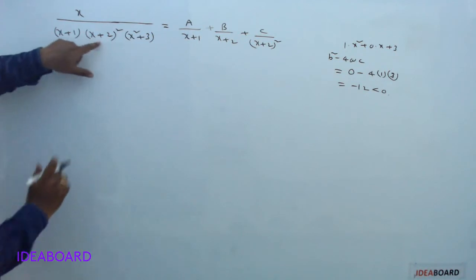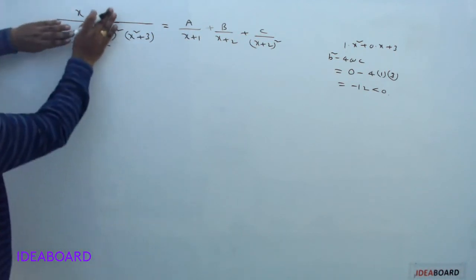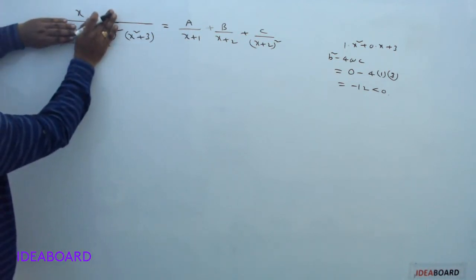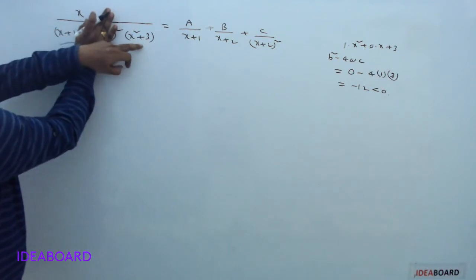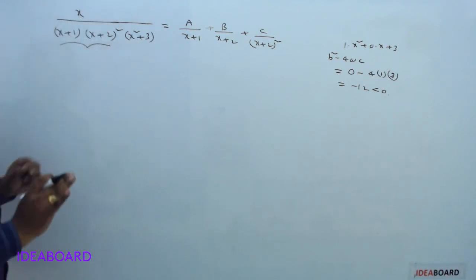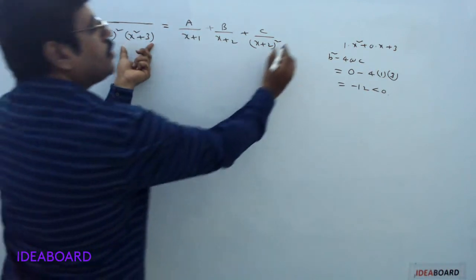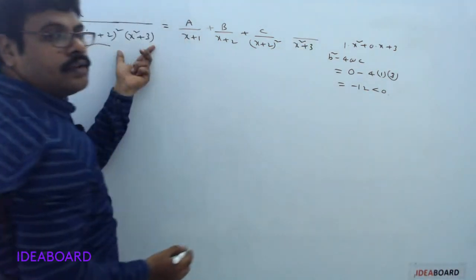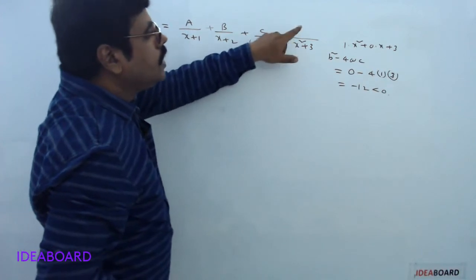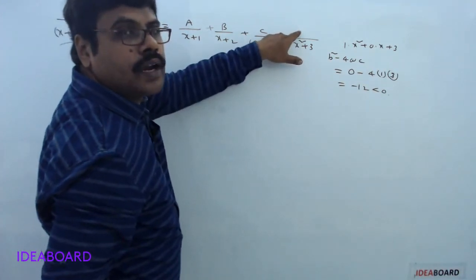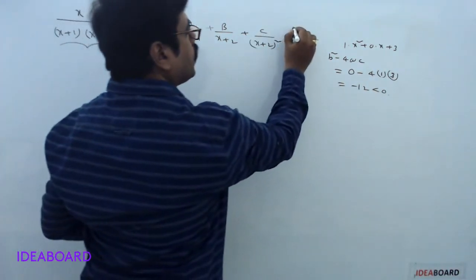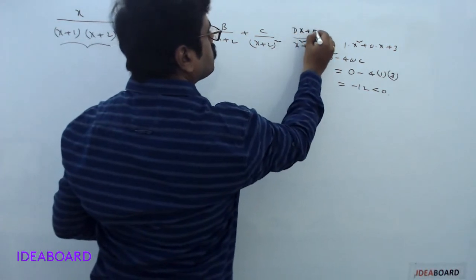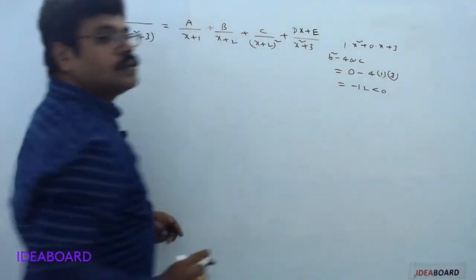Then close this one and this one. Now what about the remaining expression in the denominator? x square plus 3: corresponding to every non-repeated irreducible quadratic factor, there exists a linear factor in its numerator. Take that linear factor as some dx plus e.